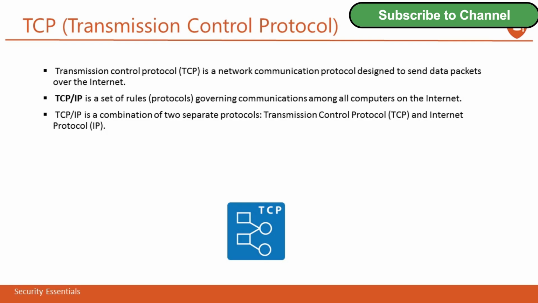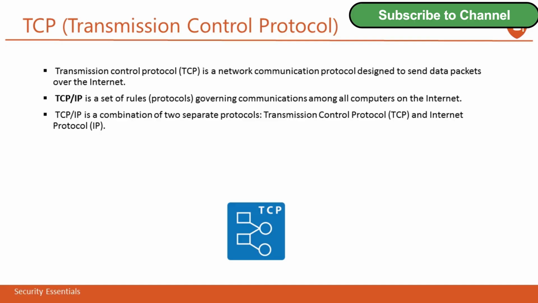As we have discussed IP, Internet Protocol, now we are discussing TCP, Transmission Control Protocol. So Transmission Control Protocol, or TCP, is a network communication protocol designed to send data packets over the Internet. TCP/IP is a set of rules and protocols governing communication among all computers on the Internet.